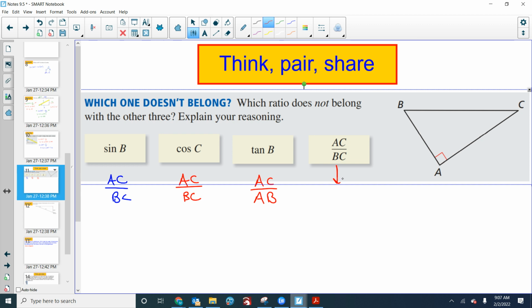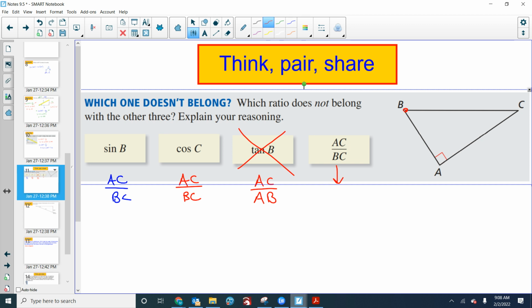Okay. Which one does not belong? Tangent of B. Told you. Questions on that one? Ryan. Why? Discuss it.